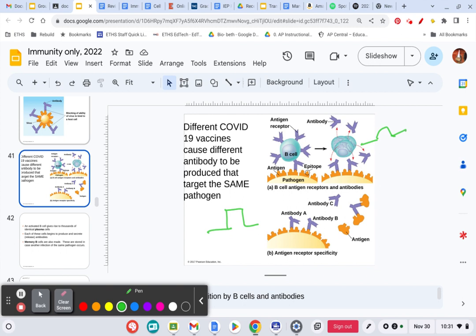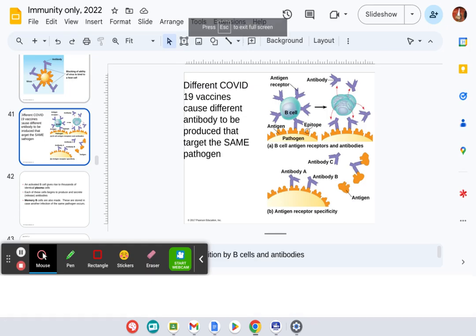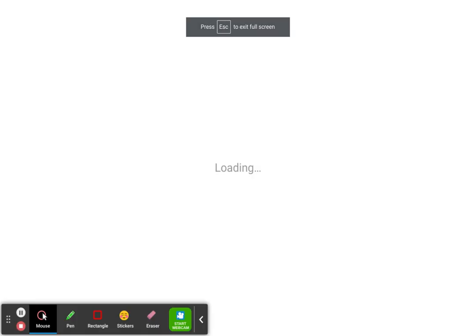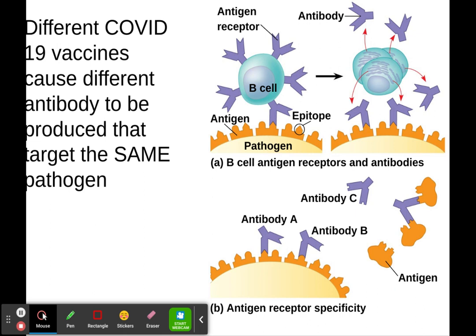But doesn't it have to be the same as the COVID? Yes, it does. That's the thing. So the COVID-19 virus, if you look at, I don't know if this will be any bigger and you can see it. All bacteria and all viruses have lots and lots of antigens on them of different shapes. So it's kind of hard.